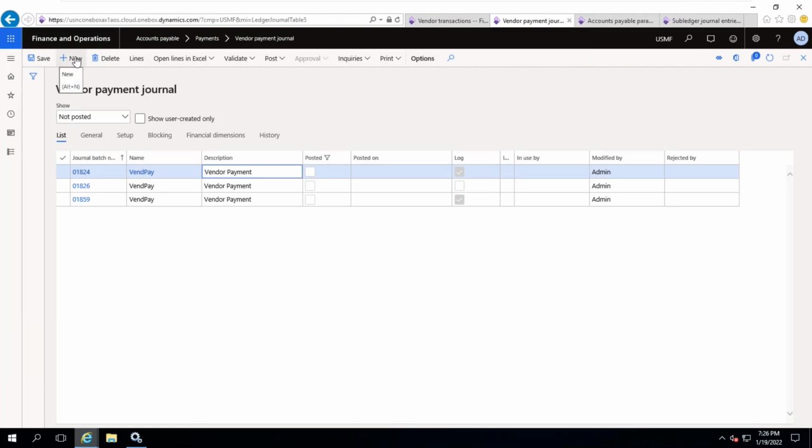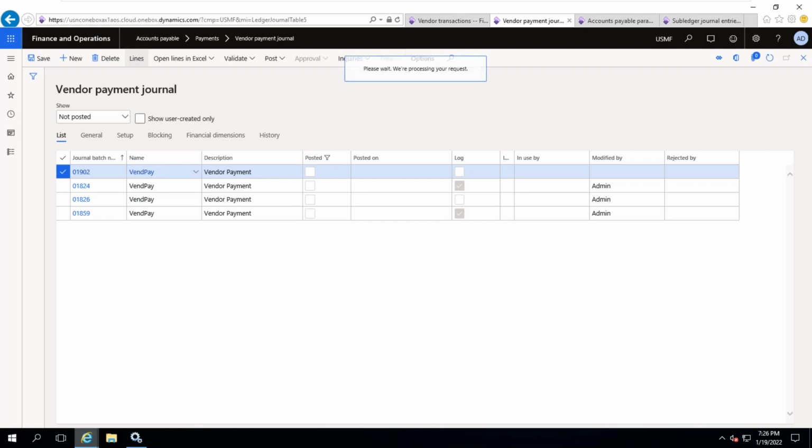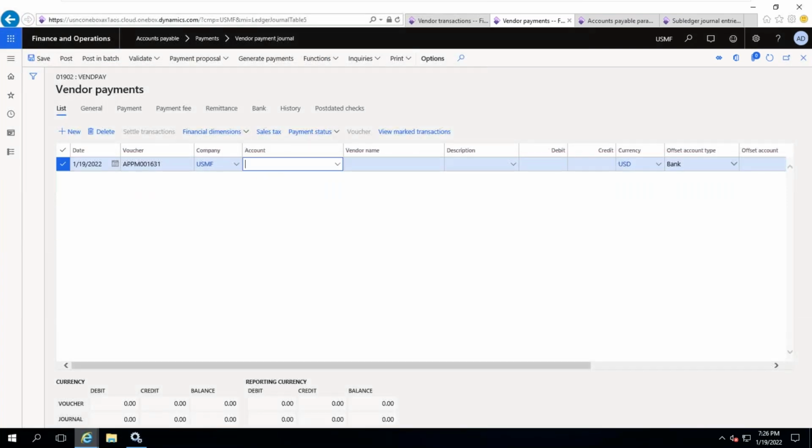So while doing this also, go to lines. Now selecting the vendor 1014.